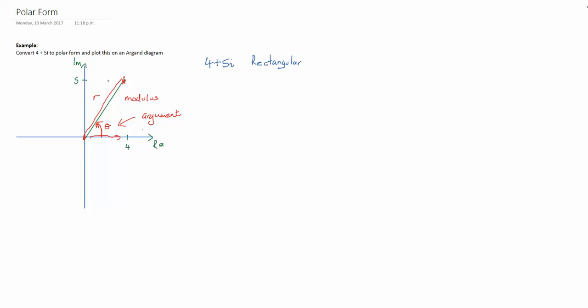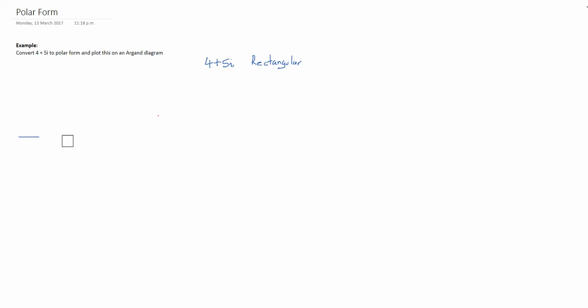Okay, so let's tidy this up, get rid of all this messy stuff here, and do this conversion to polar form. Let me get this rubbed out, and we'll get that replotted in a more tidy form.